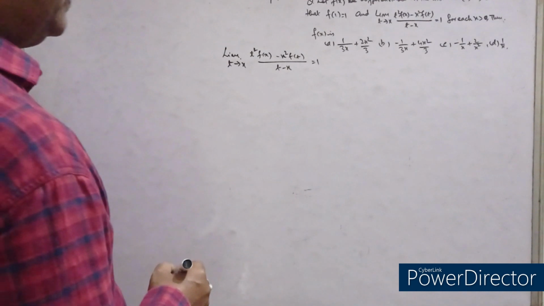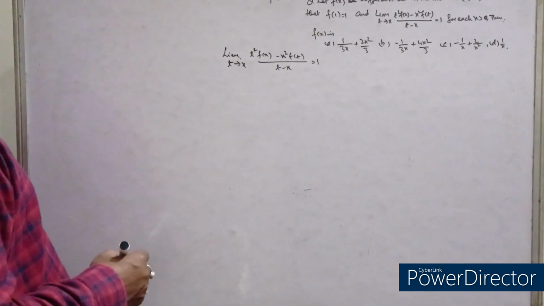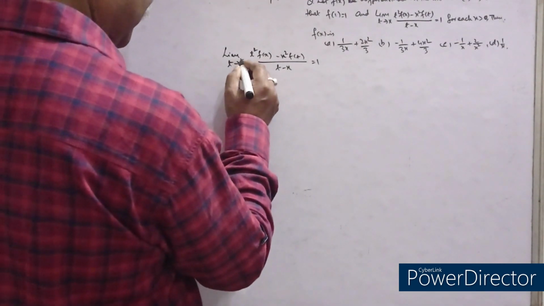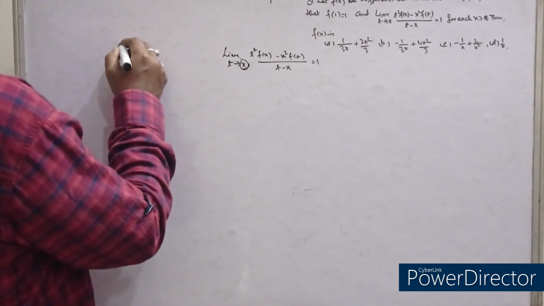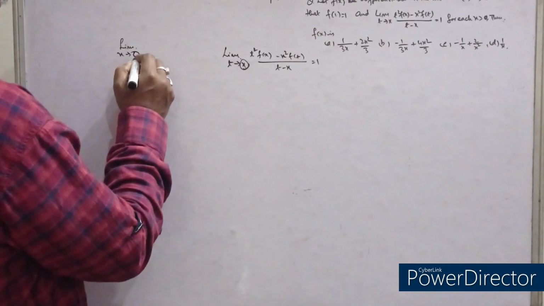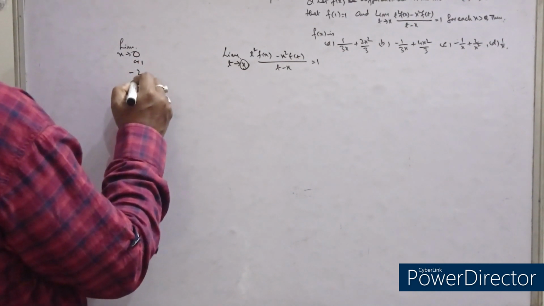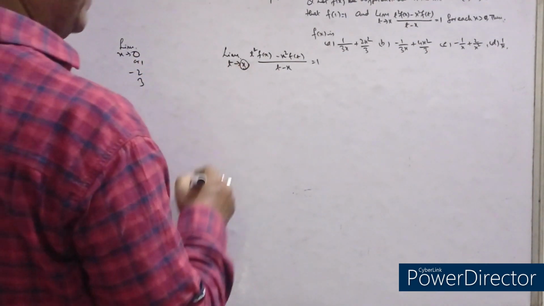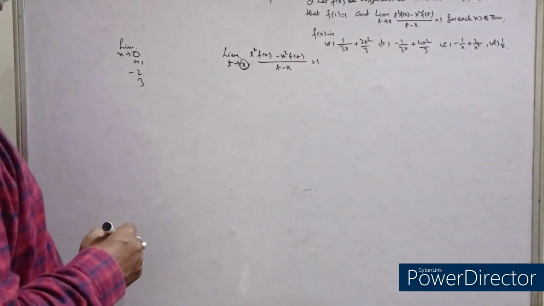So here you see that t tends to x, that means limit. What do we do? This variable tends to some constant, 0 or say 1 or say minus 2 or some constant. So here x is treated as a constant.